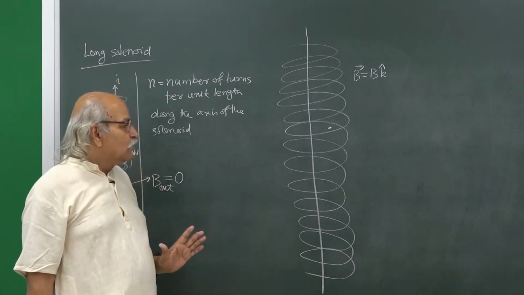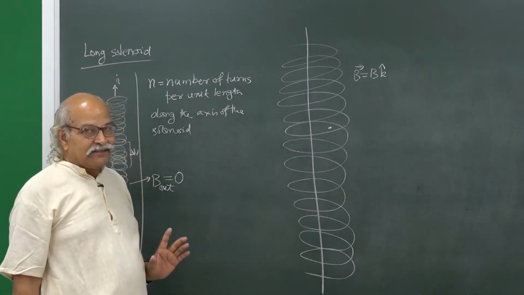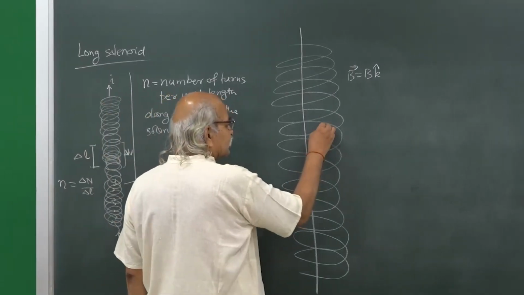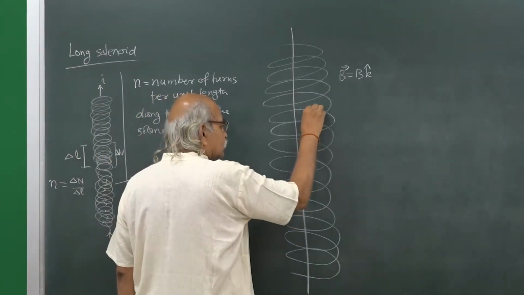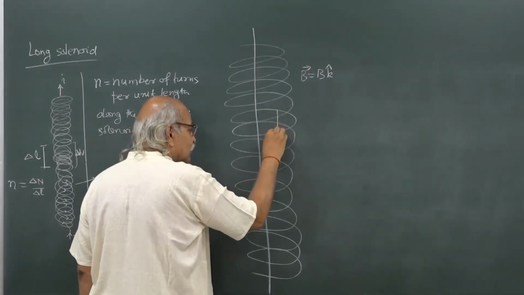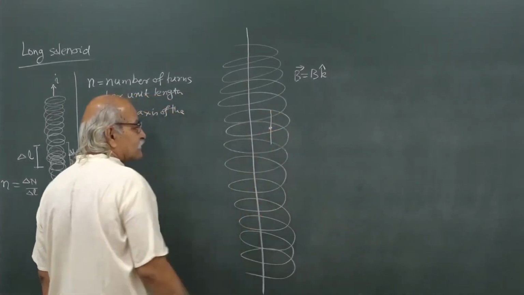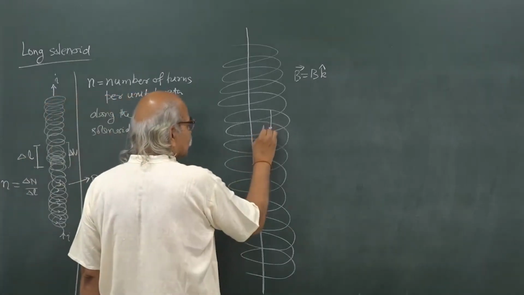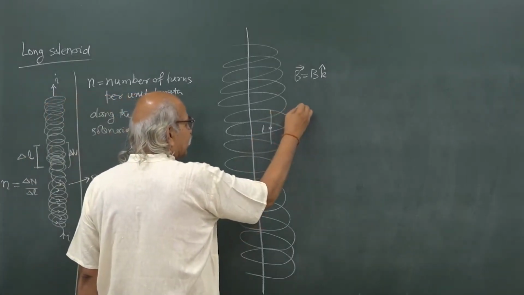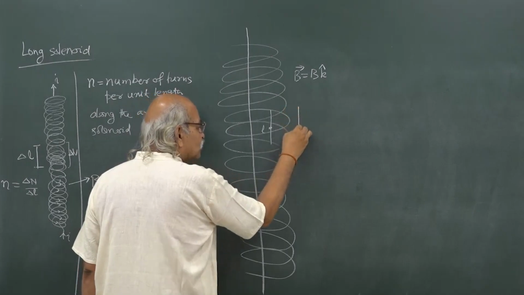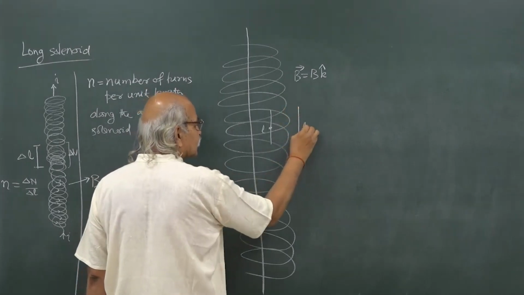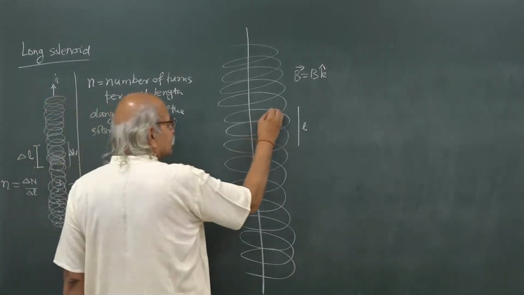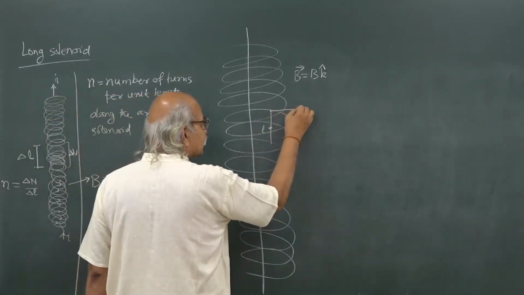So, what we will do, we will make a rectangle, taking this as a point on the line, draw a line here inside the solenoid parallel to the axis of some length L, and then draw a parallel line outside the solenoid, same length L, and then join these edges. So, you get a rectangle.